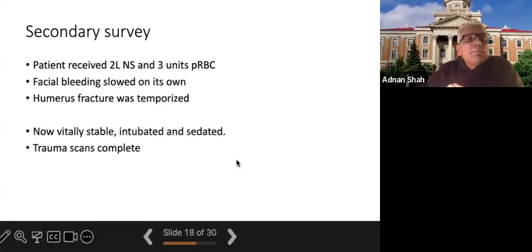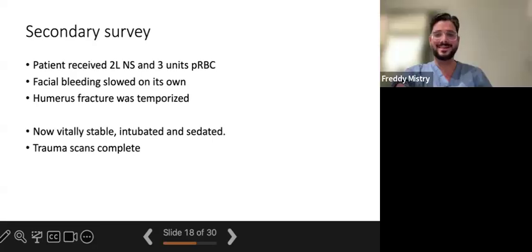So we have given fluids to the same patient. How would you determine the patient has been adequately fluid resuscitated? Patient is vitally stable now.